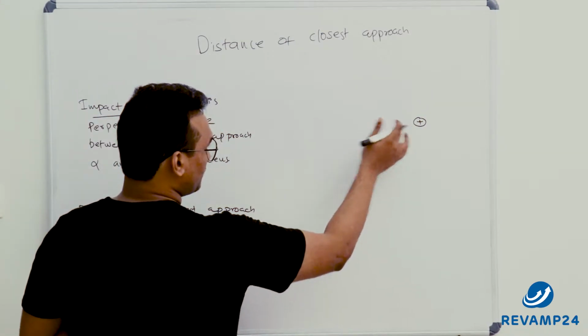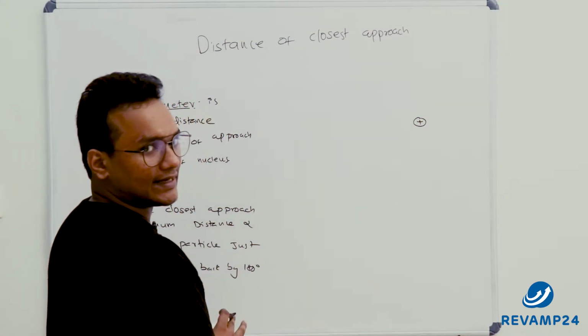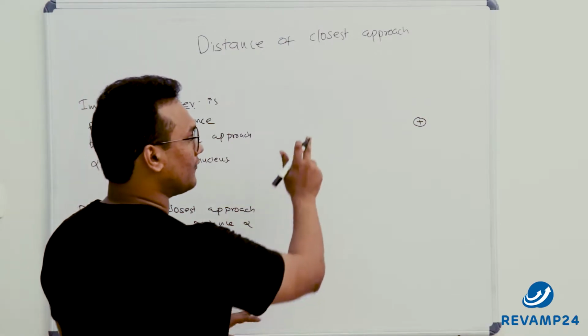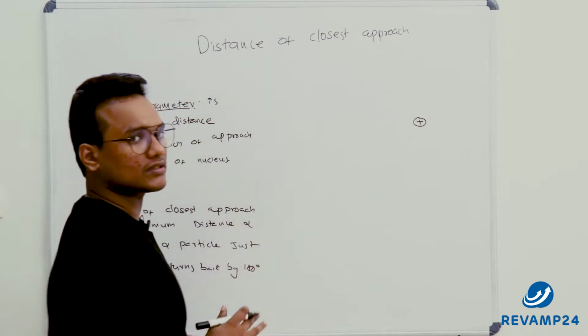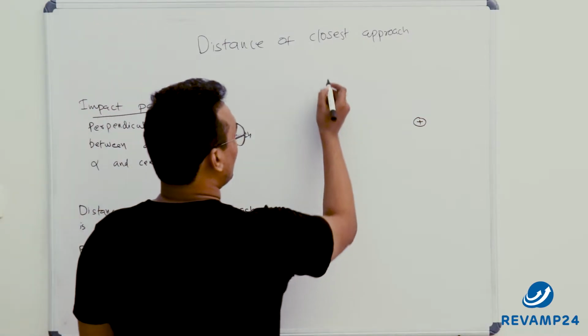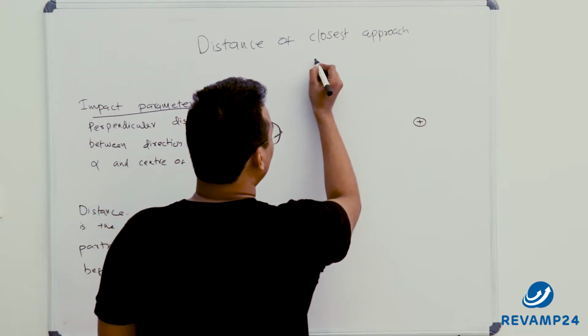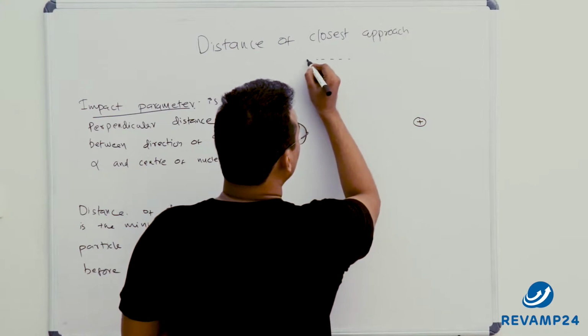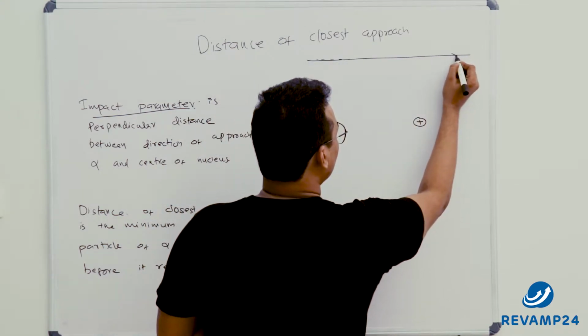Now, let me redraw the alpha particle scattering experiment here, but only the alpha particles approaching the positive charge nucleus. Alpha particles which are very far away from the nucleus will be undeviated.